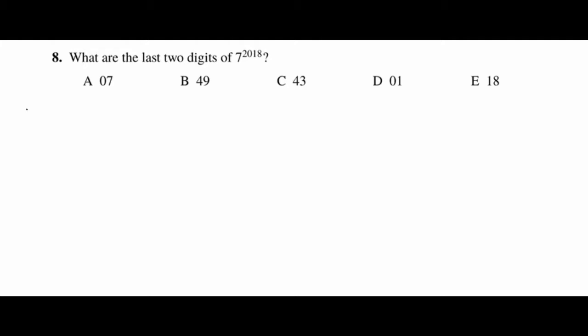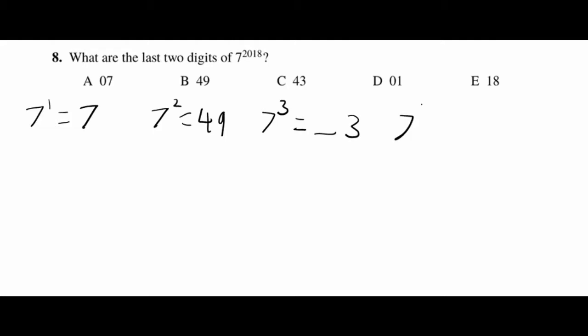So if we have 7 to the power of 1, this will equal 7. And 7 squared will equal 49. 7 to the power of 3, well, if 7 squared ends in a 9, then clearly 7 cubed must end in a 3, because 9 times 7 is 63. 7 to the power of 4, well, clearly it must end in a 1, because 3 times 7 is 21.